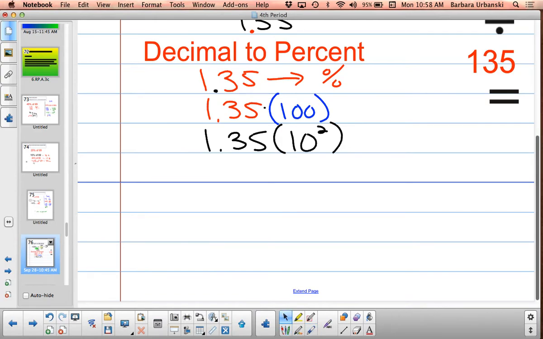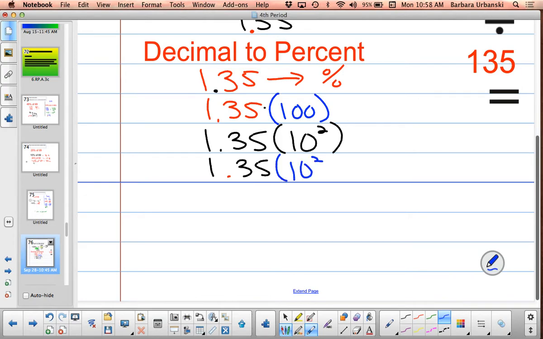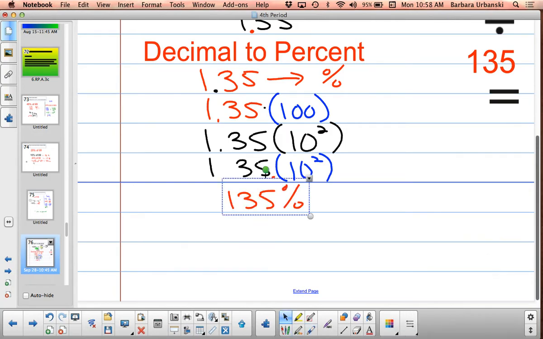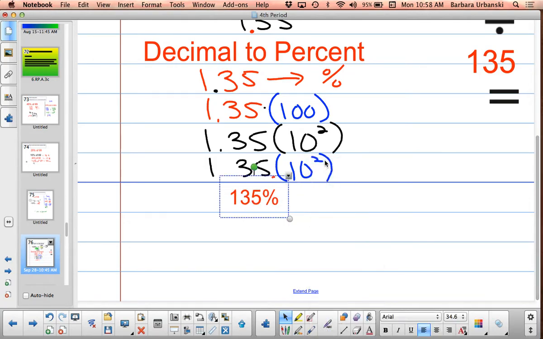So if I look at my number, 1.35, and I'm multiplying it by 10 to the second power, it is going to be getting bigger by 2 place values. And I know if my decimal is between the 1 and the 3, for me to get the 1.35 larger, I would be moving it 2 decimal places to the right, and I would end up with 135%, which is what we started with.